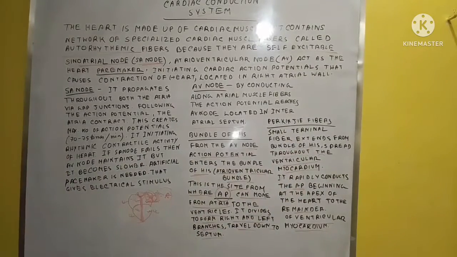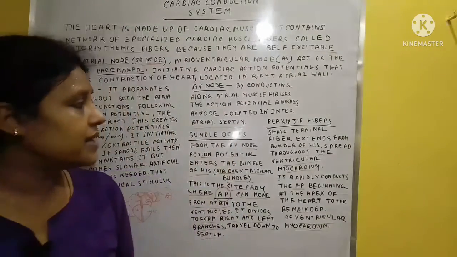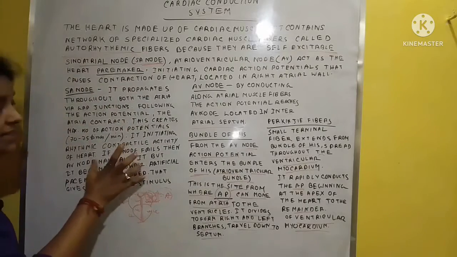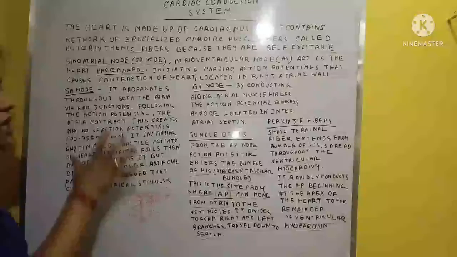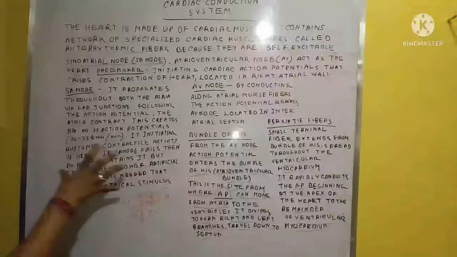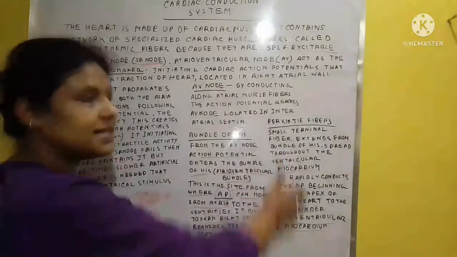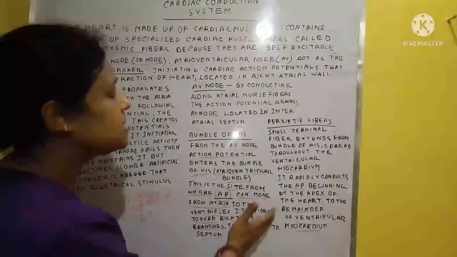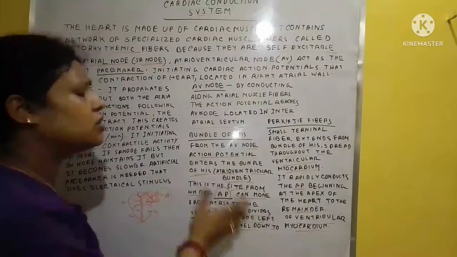So due to the presence of these fibers, the heart's pumping system is possible. Otherwise, the maximum capability of the heart's pumping system depends on the sinoatrial node. Okay, and these are obviously needed, but they do not act fully.